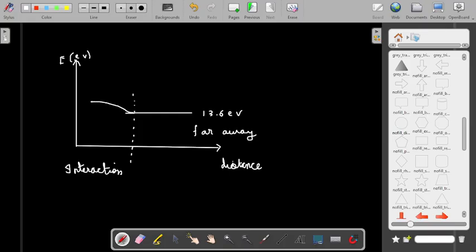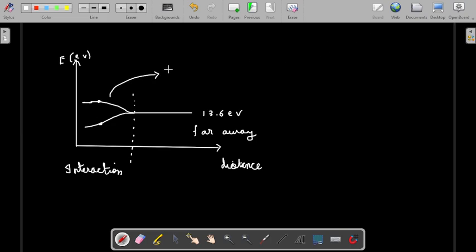Both are at nearly the same energy level, the change will not be much, but for the sake of understanding I am drawing this much distance. The electron of one hydrogen and the electron of the other hydrogen will be at different states. This state is called splitting of energy level.